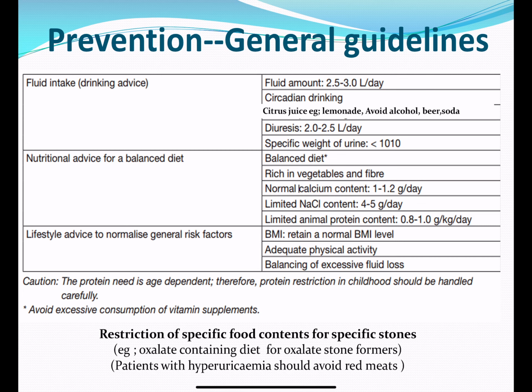Then what is adequate? Usually around 2.5 to 3 liters per day, and that water must produce around 2 to 2.5 liters of urine per day. The color of urine should be white, not dark yellow.